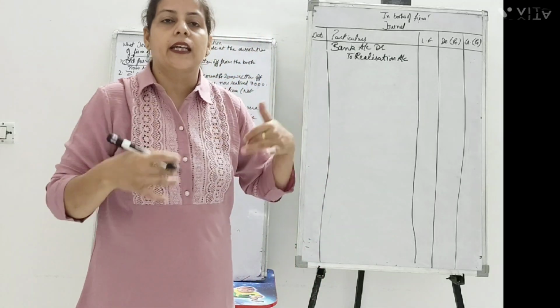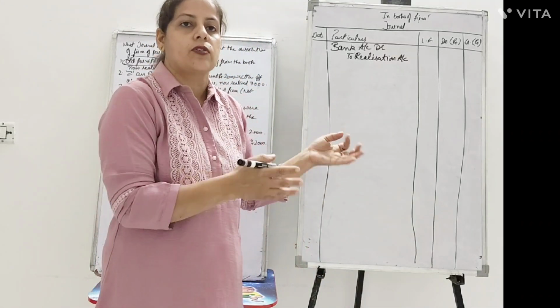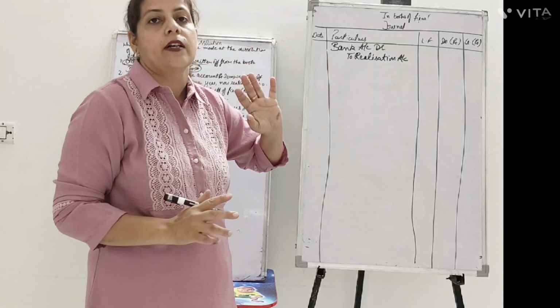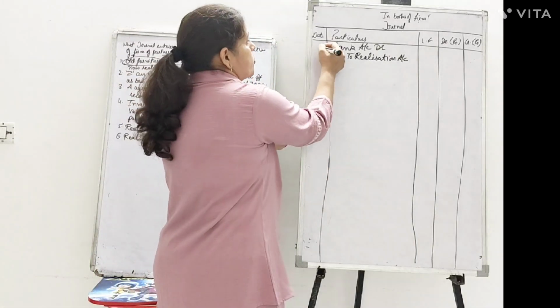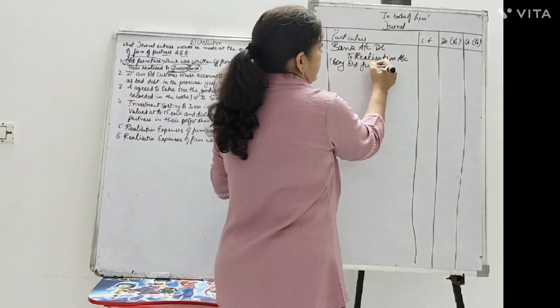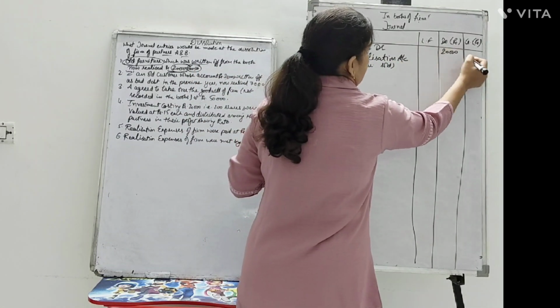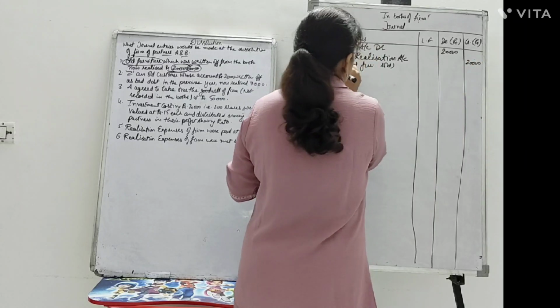So here, what is coming in is bank, and what is going out is furniture. We can't write furniture as an asset which is not recorded; we will write it with the word realization only. So the first transaction, old furniture sold for rupees 20,000, is done.